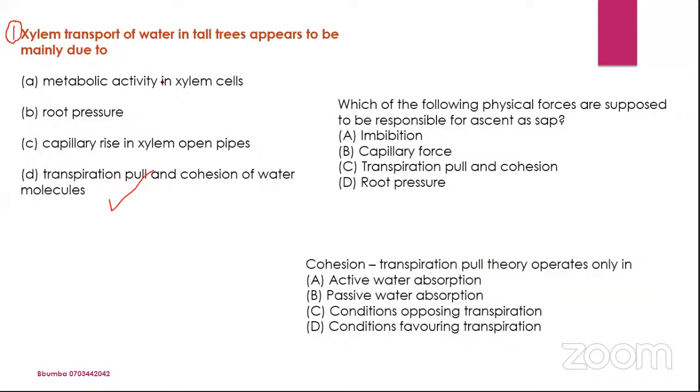Metabolic activity, no, remember the process is passive, meaning it doesn't need energy, and metabolic activities bring about production of energy. Root pressure is not the main one, it is only partially contributing. Capillarity is the force generated in narrow tubes; the xylem is narrow and there's some capillarity force, but it's not the major contributor. So the answer is D.